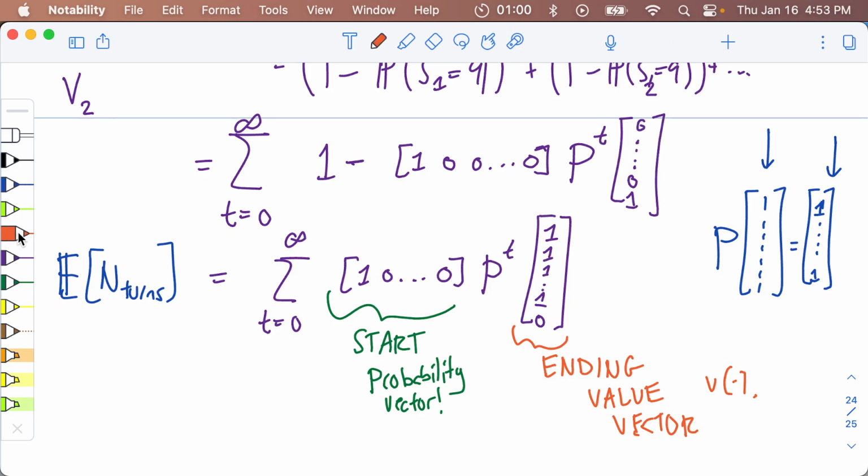For example, you can pull out this big old thing like that. You can put brackets around that, do this big sum over here, and then at the end multiply by this vector. That would be perfectly fine. So to know what this number is, this is some honest to goodness number, let's figure out what it is, and we're going to put it in the computer. We already have the matrix P in the computer from last class. We're going to put it in and add it up and see what we get.